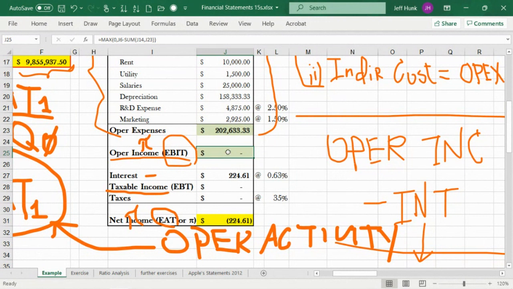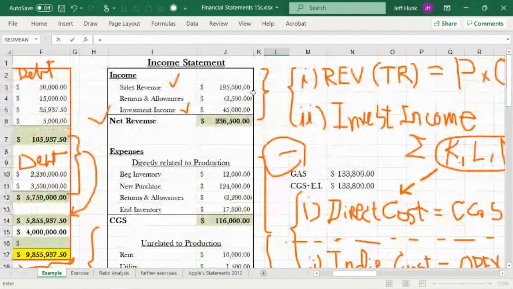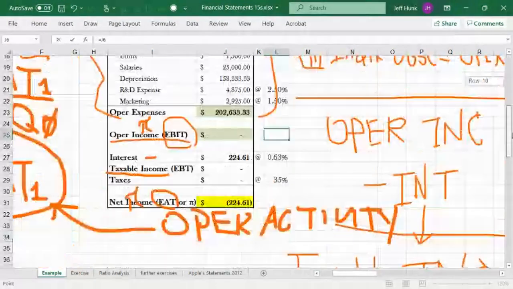we actually don't have any operating income. We actually have negative operating income. Think about it. This is the net revenue, right? Sum of all of that.